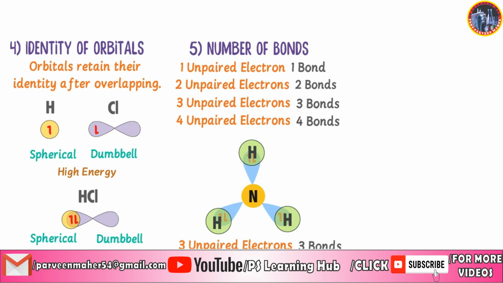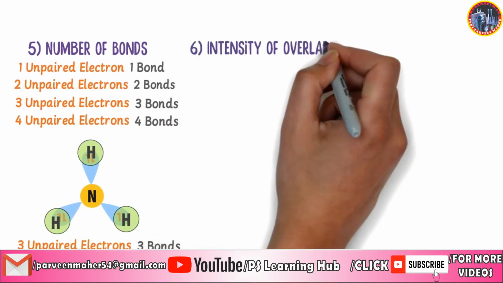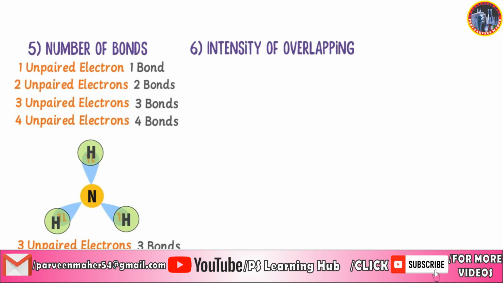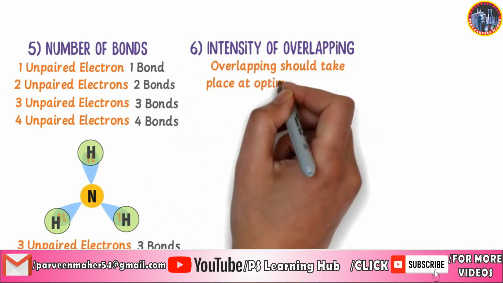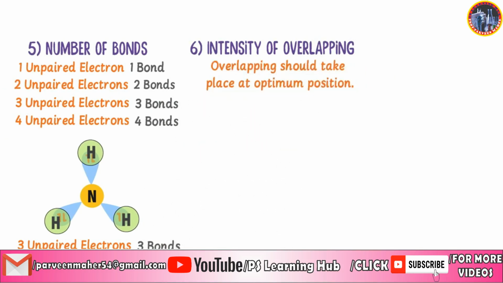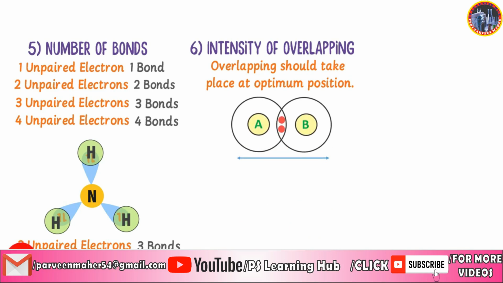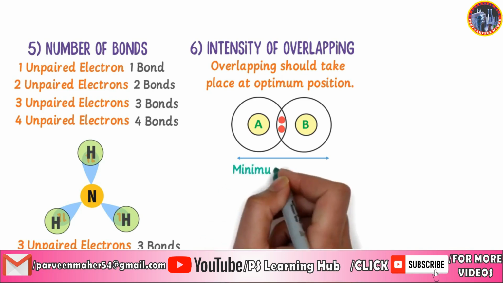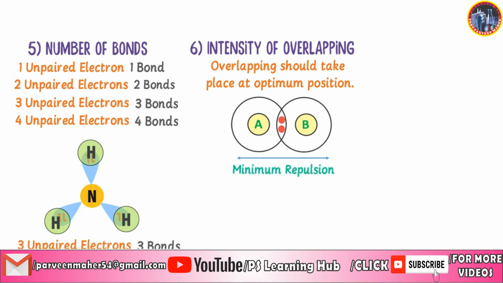The sixth point of VBT is the intensity of overlapping. It teaches that overlapping between orbitals should take place at optimum or suitable position. For example, consider overlapping of two atomic orbitals of A and B atoms. In this case, the atomic orbitals overlap at such a position that the repulsion between the two nuclei is minimum.